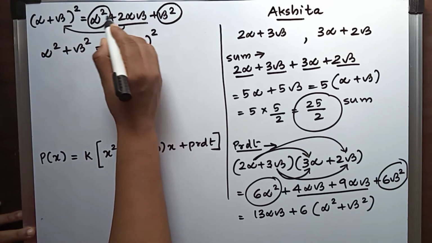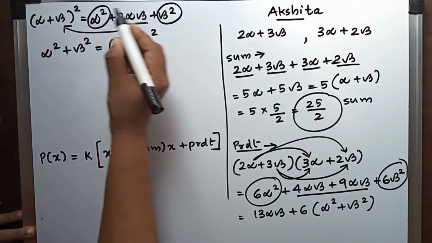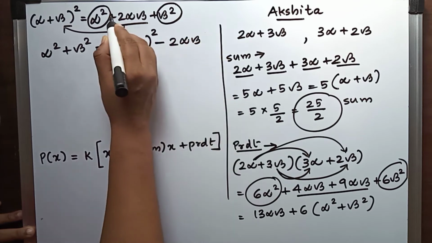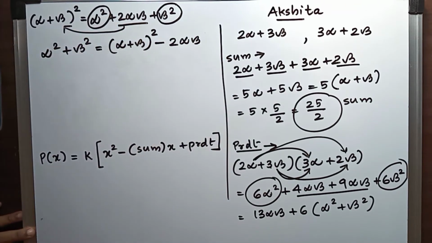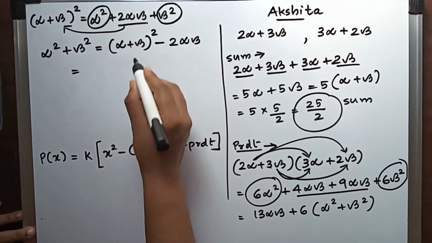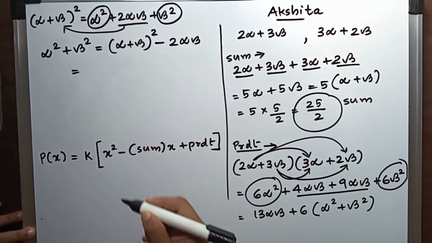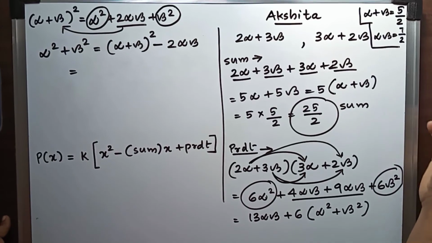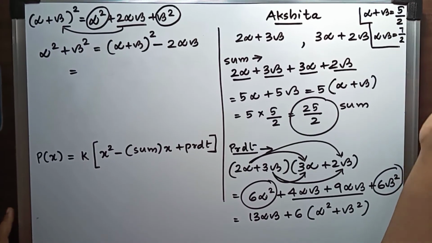Now it is with alpha square plus beta square, but now I am going to take it to the other side, means it will become minus 2 alpha beta, plus will become minus when it goes to the next side of the equal to symbol, right? So alpha square plus beta square is alpha plus beta the whole square minus 2 alpha beta. What is alpha plus beta? We have already found it. Yes, alpha plus beta was already calculated as 5 by 2.